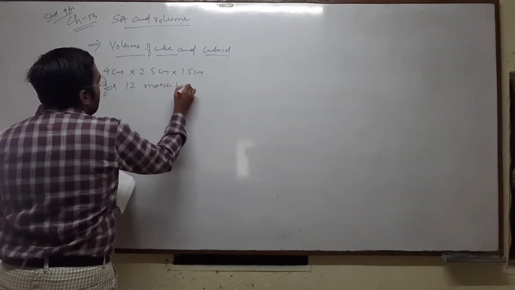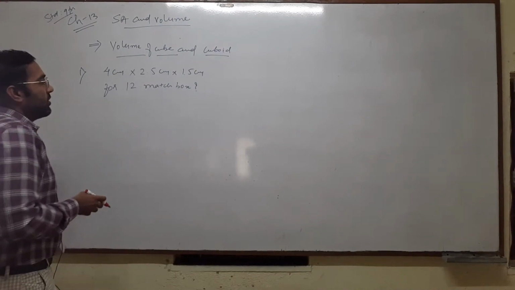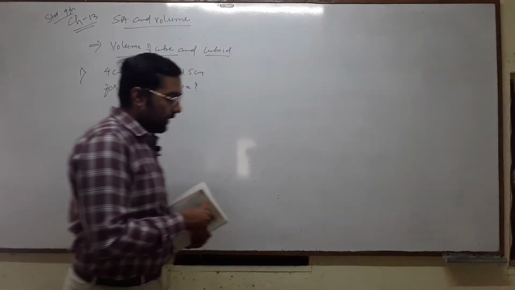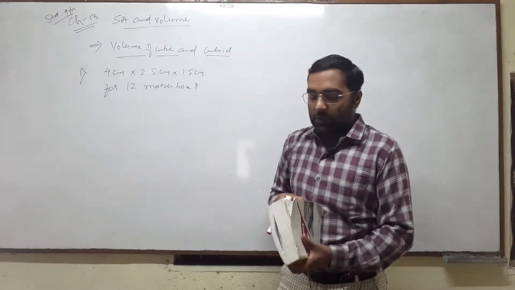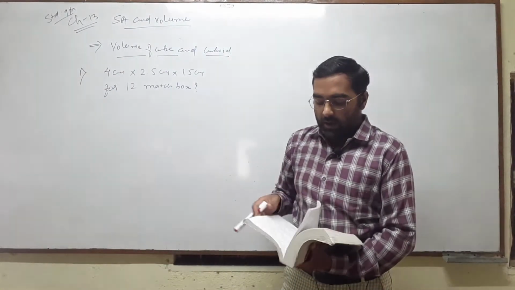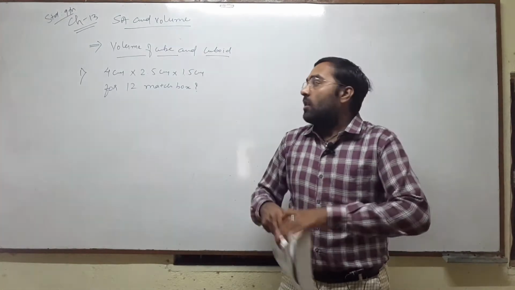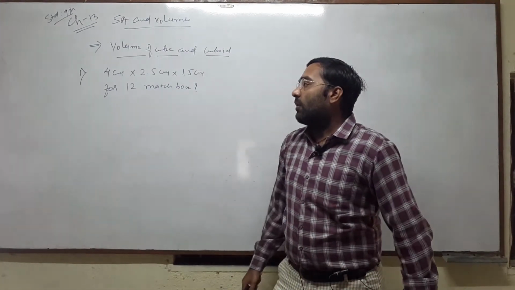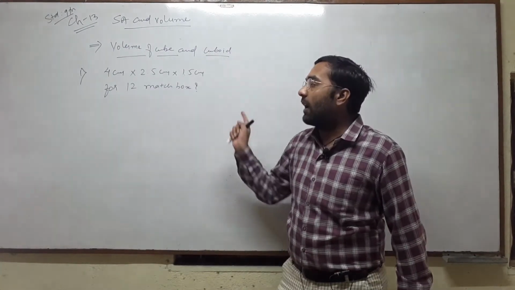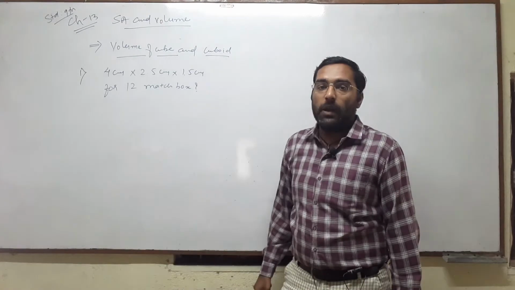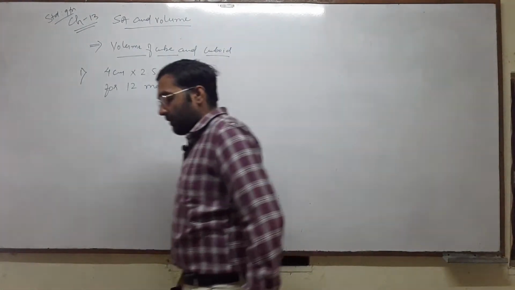Okay, I have to find the volume of the 12 such matchboxes. First of all I want the volume of one cuboid, or one matchbox. After that, I'll multiply that with 12. So my answer is fine.